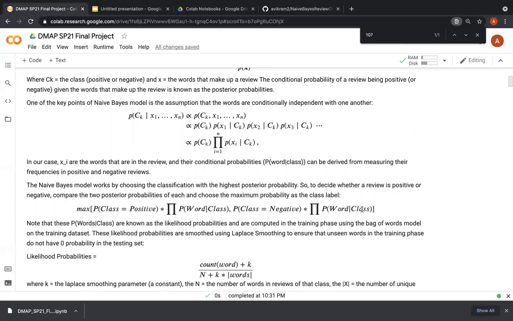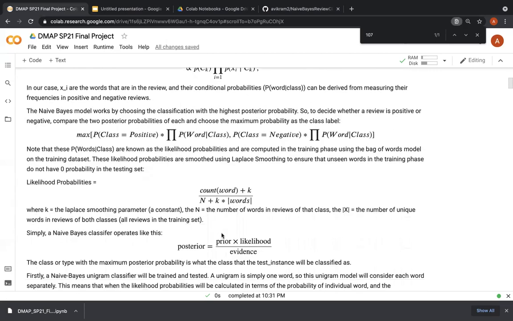Whatever is the maximum, we assign that to be the classification, right? So if the positive has a greater posterior probability, the review is classified as being positive.